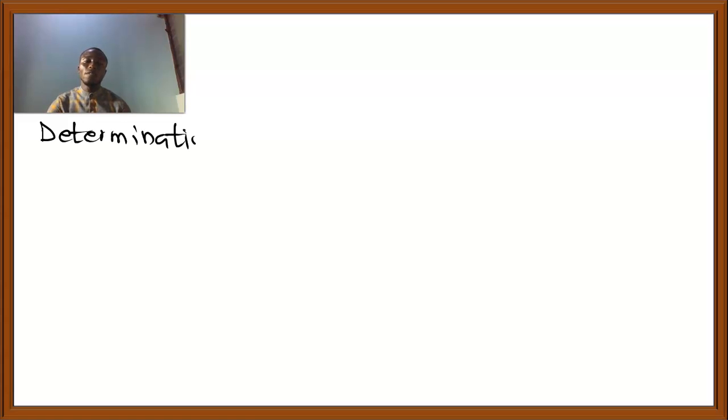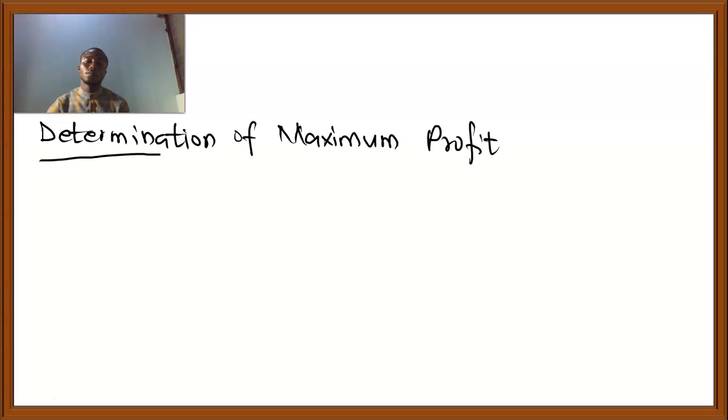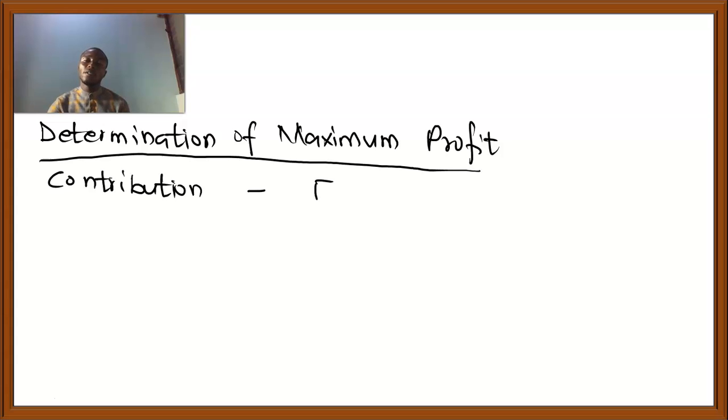The maximum profit is determined by subtracting the fixed cost from the total contribution. So we have contribution minus fixed cost.